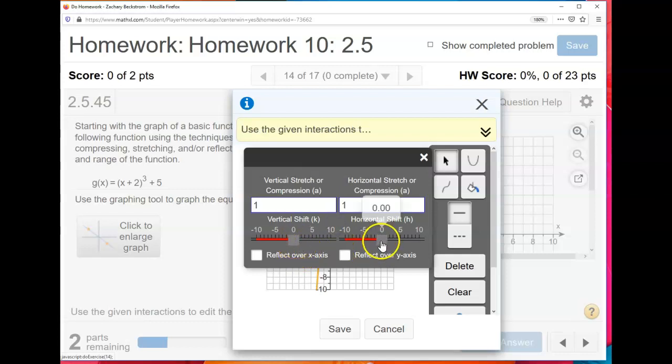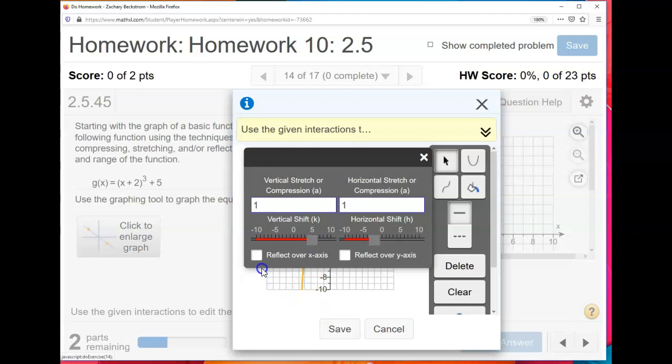That's a horizontal shift 2 to the left because it's a plus 2. You might think that if you add 2, you should go 2 to the right. But in these cases, you're actually replacing the x with x plus 2, which makes it go 2 to the left. This is a plus 5, so that's going to be a vertical shift of 5 up. So you're just going to move that up 5.